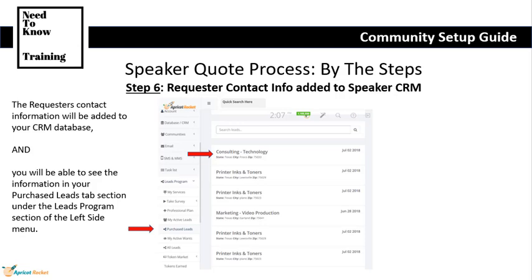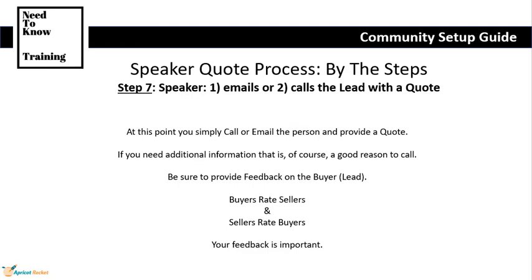So you'll be able to just go to your CRM and see the contact information for this person making the request, and you'll also be able to go into the leads program and look at purchased leads, and you'll be able to see a list of the leads that you've already purchased, and you can click on any of the leads that you've purchased, and you can see the details of that lead at any point in time.